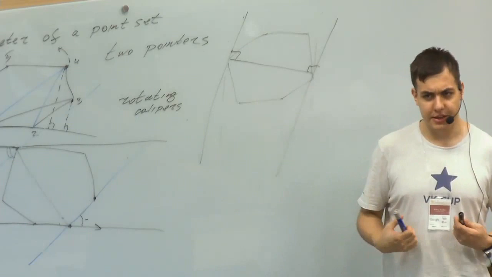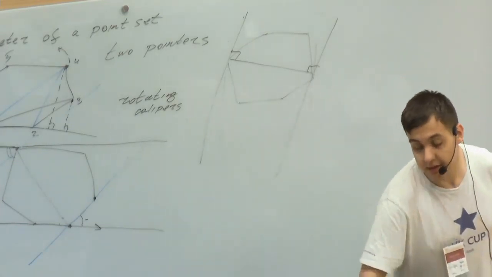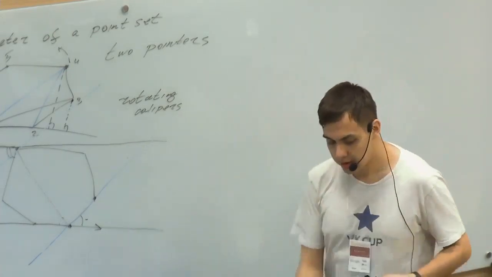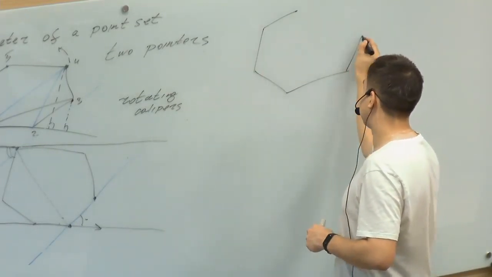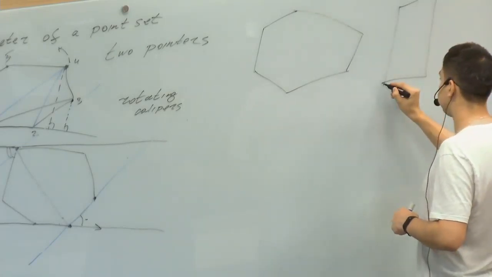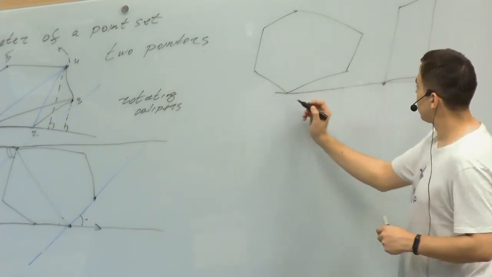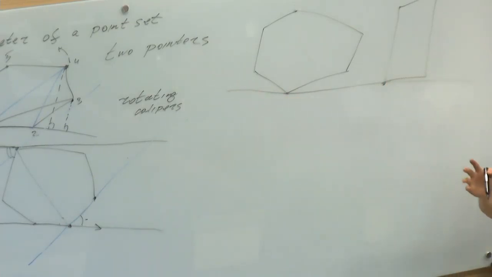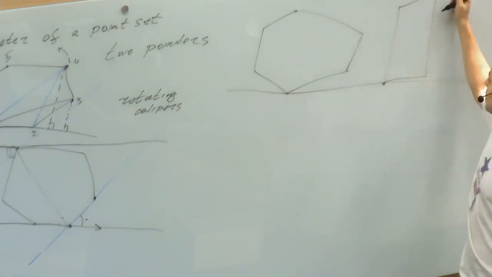And a lot of interesting things can be done with rotating calipers. For example, we can find common tangents of two polygons. So we have the first polygon, we have the second one. I would like to find the common tangents, so the line. So basically the extreme line where two polygons lie to the right of this line and to the left.